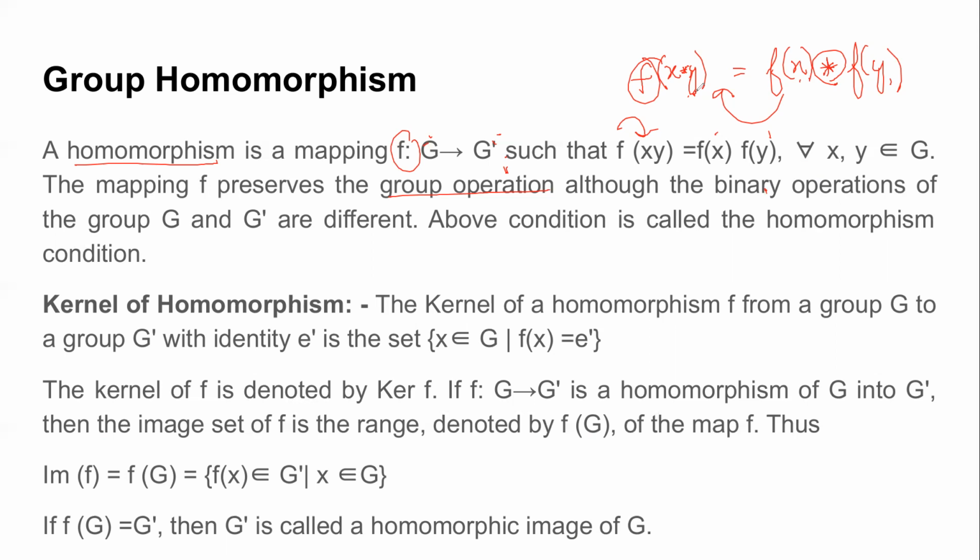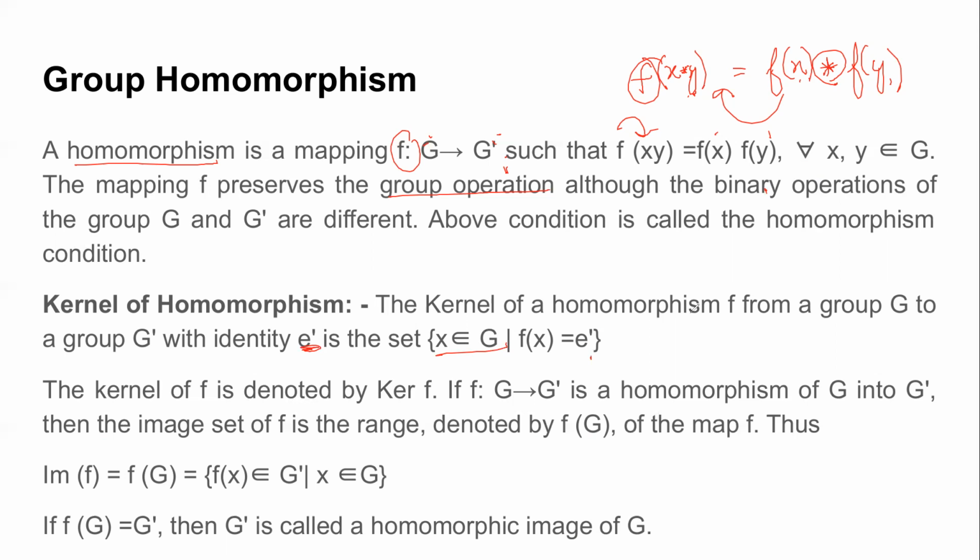Okay, and we define something called the kernel of a homomorphism. The kernel of a homomorphism f from a group G to G dash, which has an identity E, is the set of x in G such that f of x equals E. So what is the kernel basically?